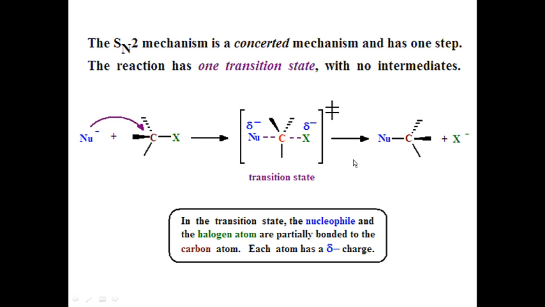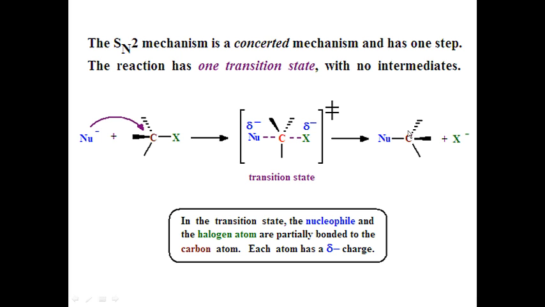Now, what happens then is that since this is a one-step mechanism, we have a transition state for that mechanism. If we go back and remember our transition states from free radical halogenation, the transition state is simply the in-between of the reactants and the products of that mechanistic step.